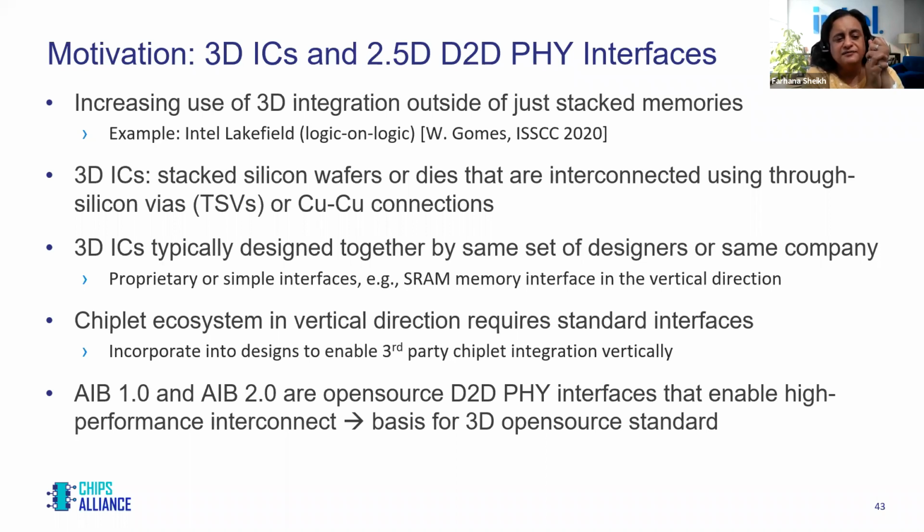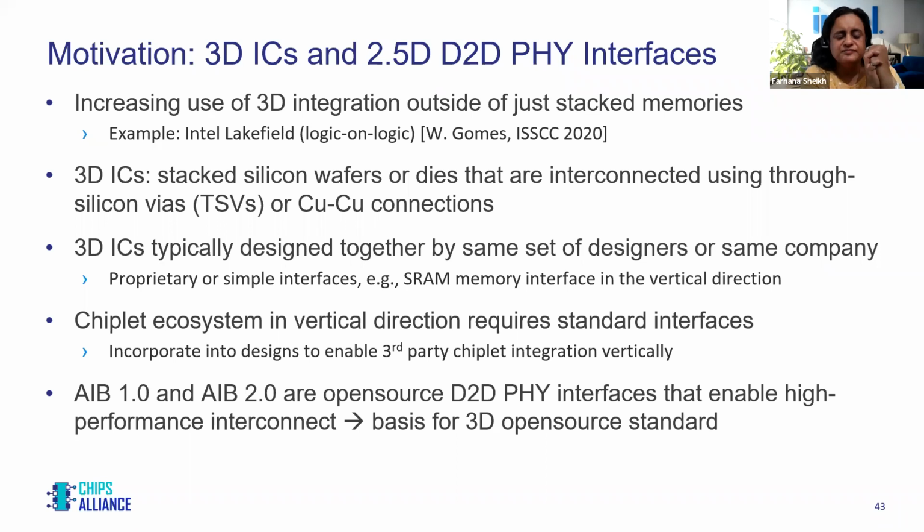However, this is going to change. We are seeing a number of requests for integrating third-party chiplets with even Intel IPs, and there has been some demand for a standard interface that allows you to do this in a very nice way without having to sit together and design the entire platform together.